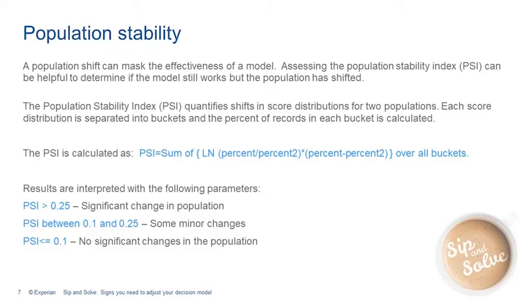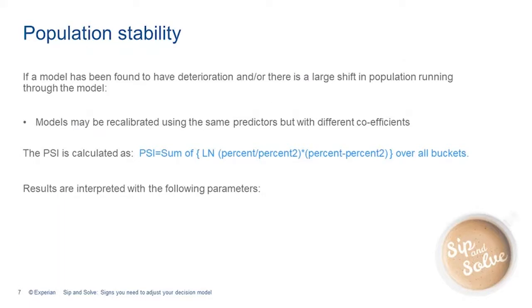But when the population shifts significantly, it can mask the performance of the model. And I've seen that a lot recently with various clients. So something to keep in mind, that it may not be the model, it may really be just the population coming through.